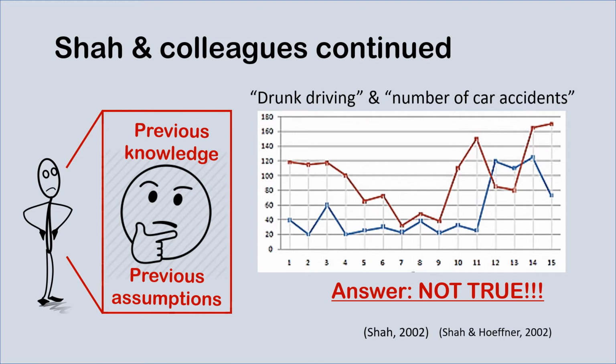And according to their study, they purposely designed a graph where drunk driving and number of car accidents were not related, just to see if pre-service teachers were properly engaging with the graph or were, on the other hand, relying on their previous knowledge and previous assumptions in order to make sense of what was being displayed within the graph.